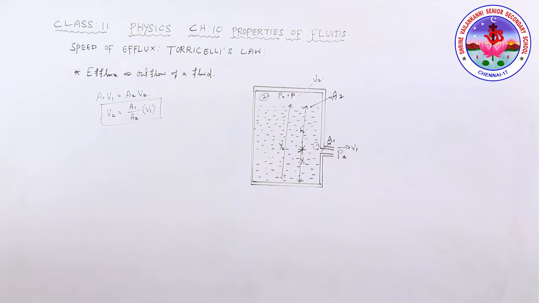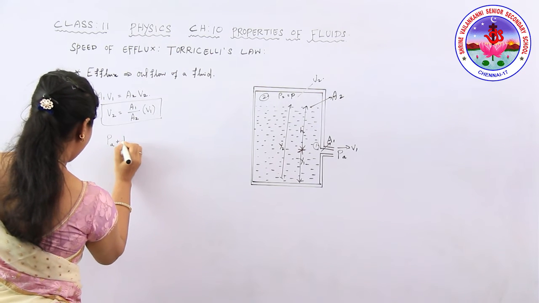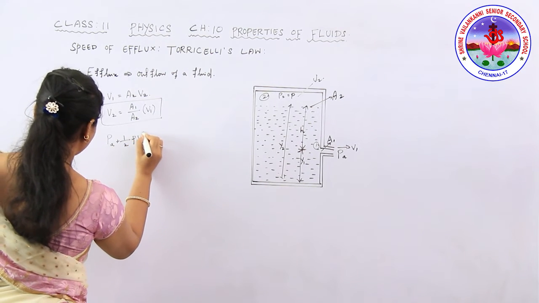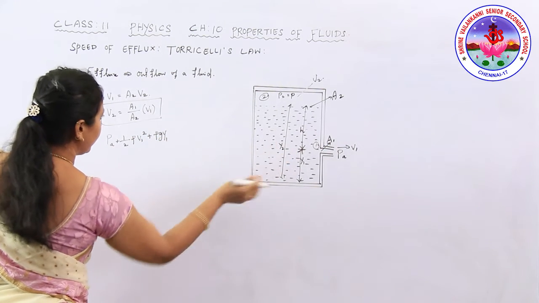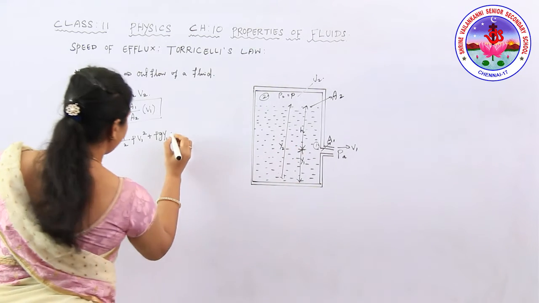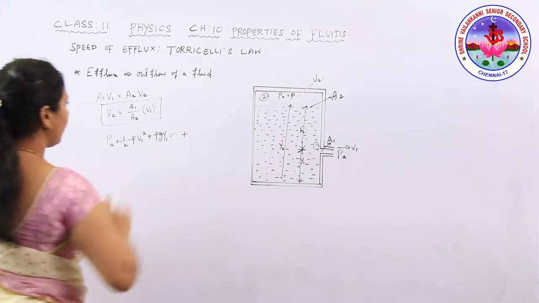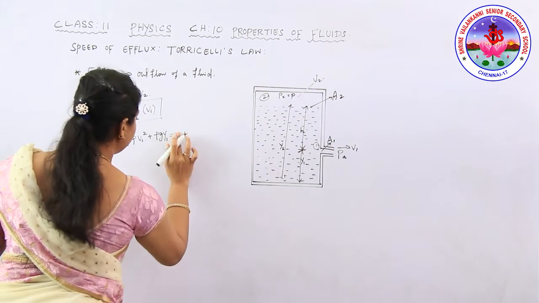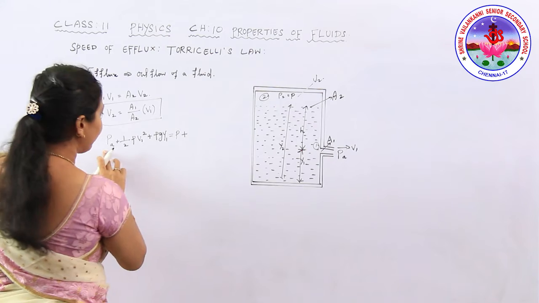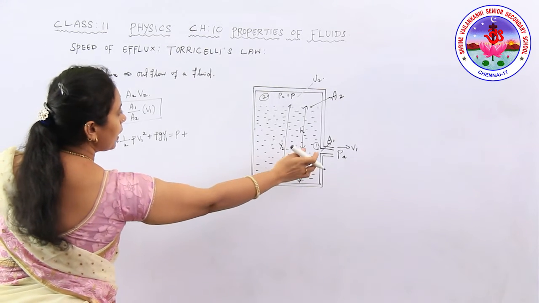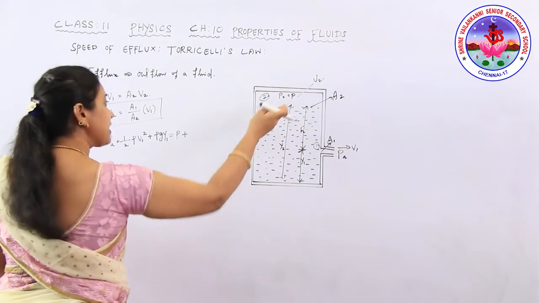We will get pressure PA plus half rho V1 square plus rho g y1, the height 1, okay, that is equal to P plus rho g y2. You are comparing part 1 and part 2. So we have written here part 1, that is for this hole and this outflow, and part 2, the area of which is liquid at rest.